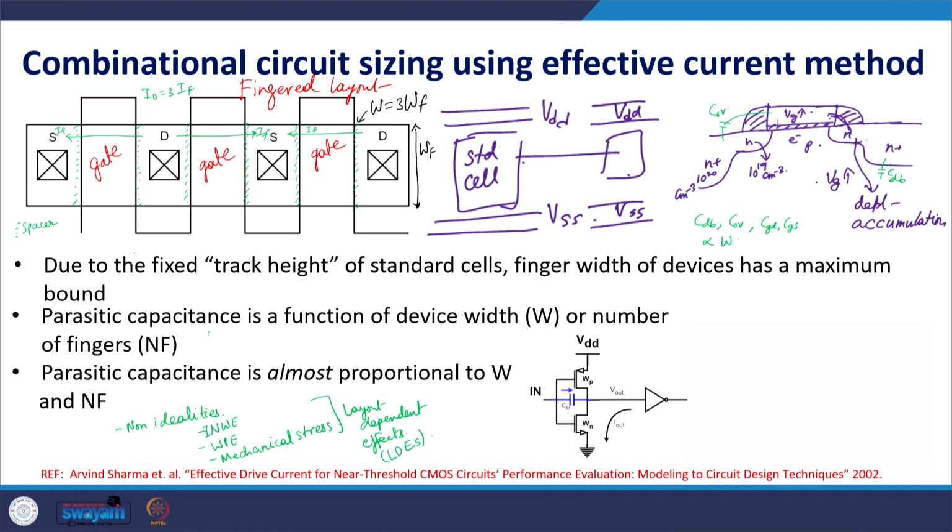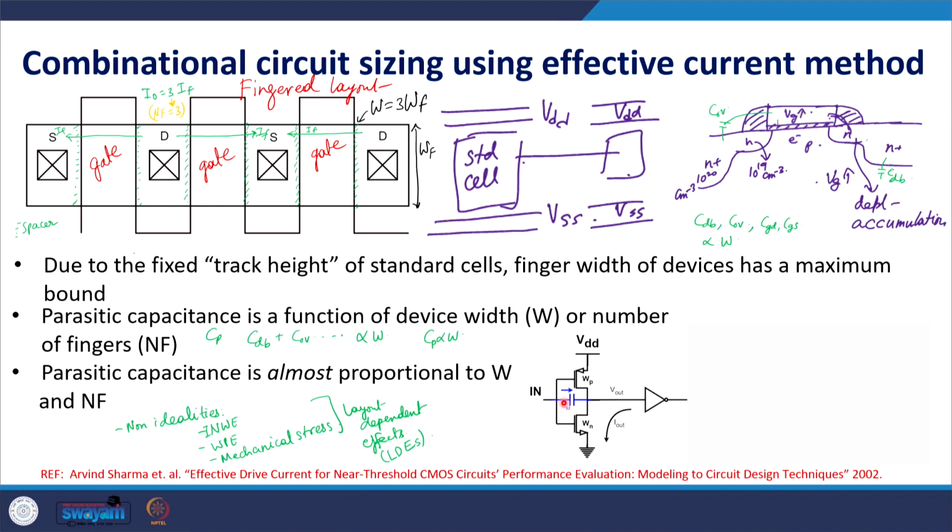So, parasitic capacitance is a sum of all these, drain to body, overlap and several other components, and all of these are proportional to the width of the device. So, parasitic capacitance itself is proportional to the width of the device. This we will keep in mind. Current is proportional to the number of fingers, or the total width of the device.